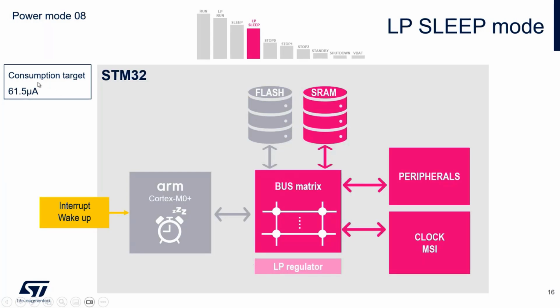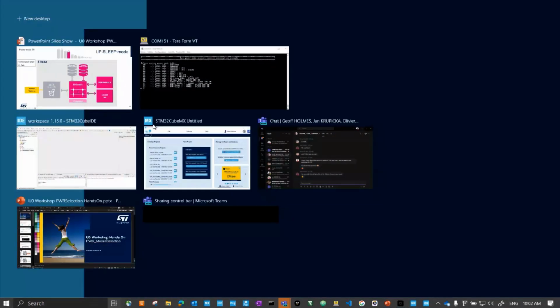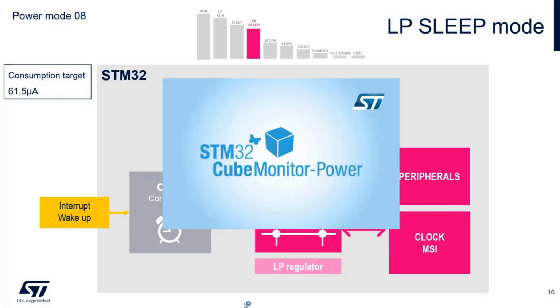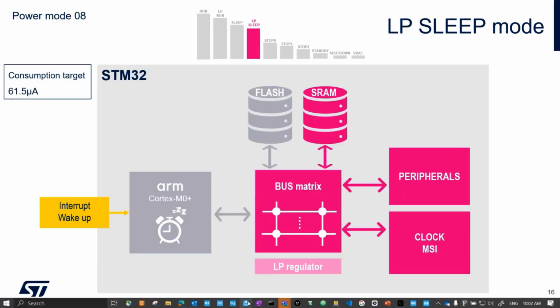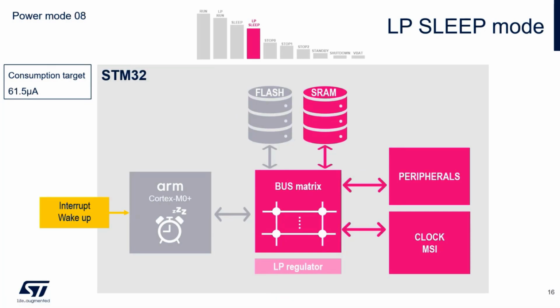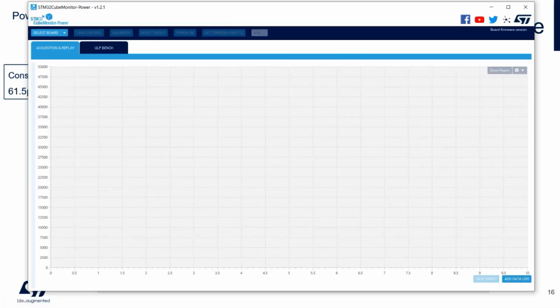And from the datasheet, the average consumption target is near 60 microamps. So let's try it in practice. With the software, we'll use a link to the STLink V3 power to be able to measure the consumption, and also, the most important part, to supply our MCU.